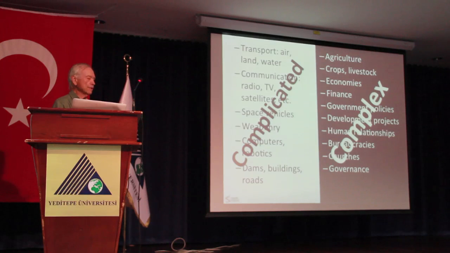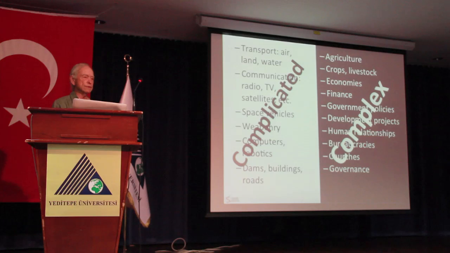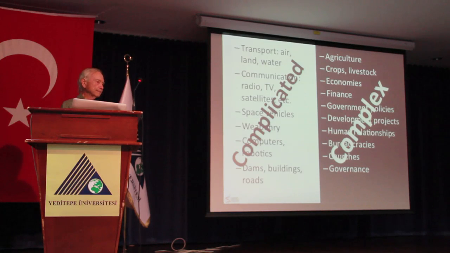Now, the things on the right, particularly where they are human organizations, do what they're designed to do. And they do it very efficiently. But because they are complex, they also have unplanned, what they call emergent properties. So they can be very, very efficient, but there'll be unplanned problems with them because of complexity.